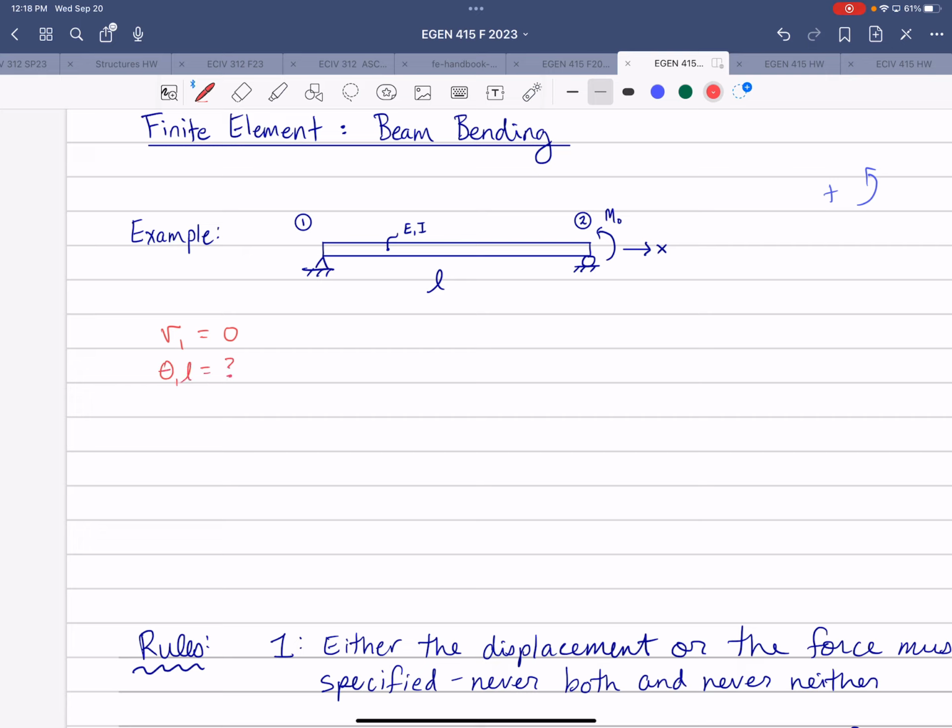So theta 1L is an unknown. Since we know that V1 is 0, we don't know the reaction force, F1. And we don't know the rotation. That means we do know that the applied moment at M1, since there isn't one, is equal to 0.